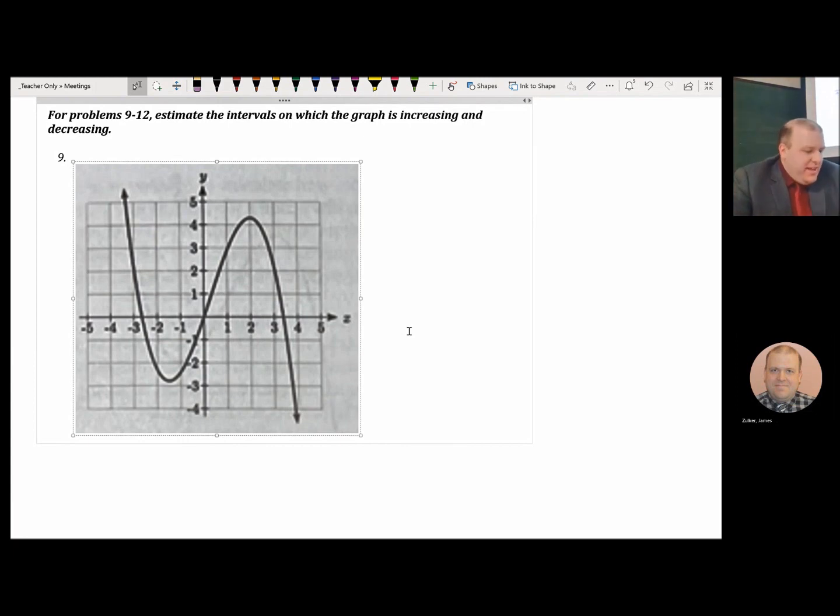So if the graph, read from left to right, the y values are getting smaller, then it's decreasing. The y values are getting larger, it's increasing. Very straightforward.